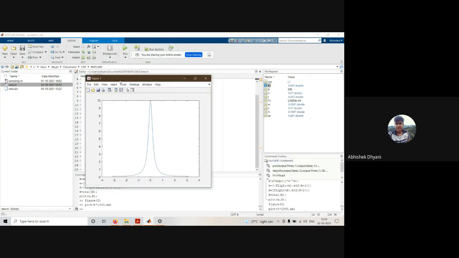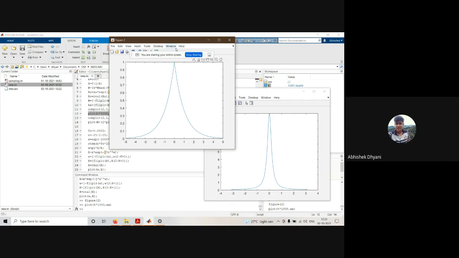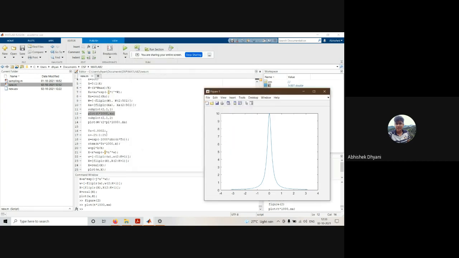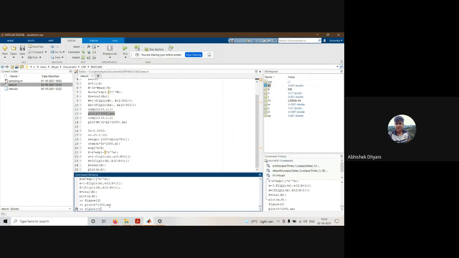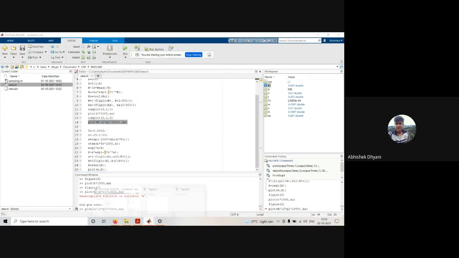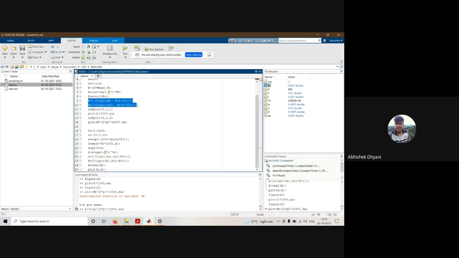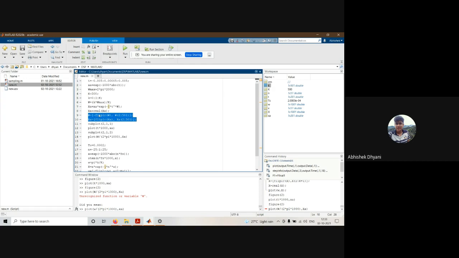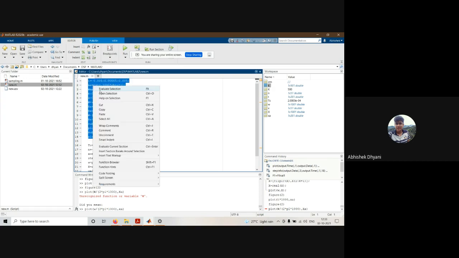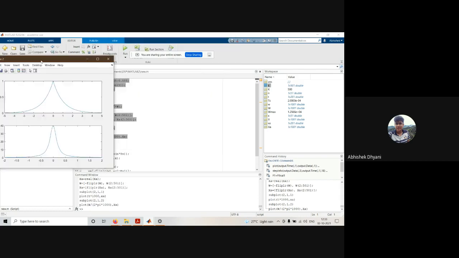So this is the DTFT and this is the, wait, I think no, sorry, I plotted the signal. There is no W. Yeah, so I'll just show this one.